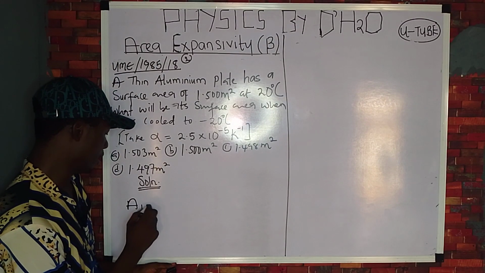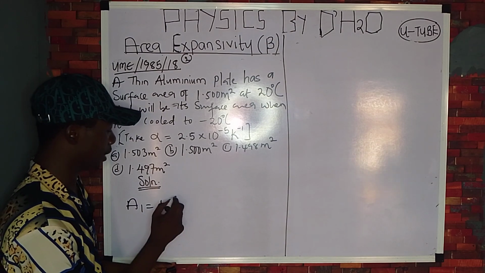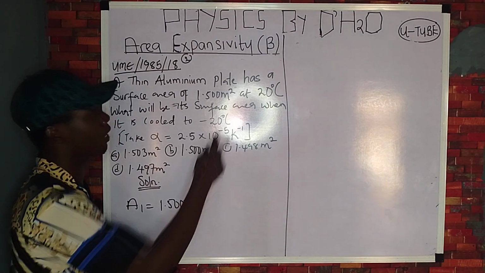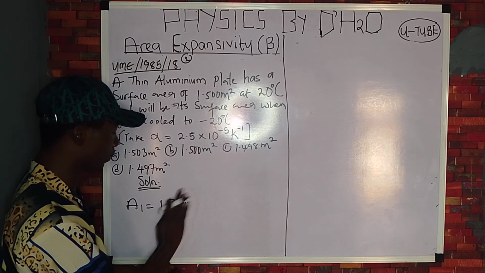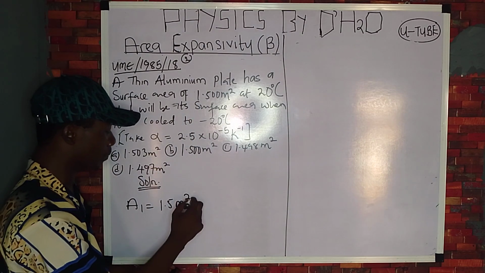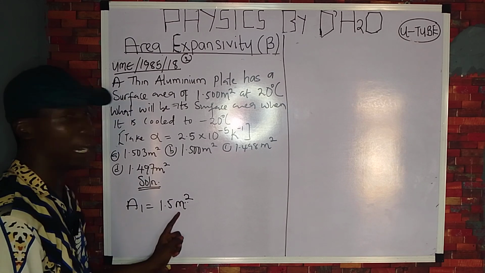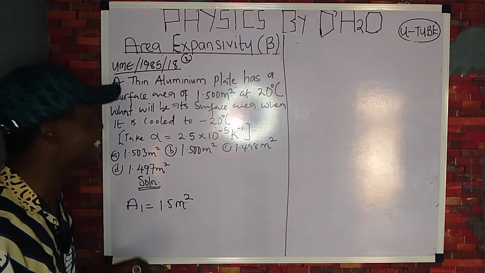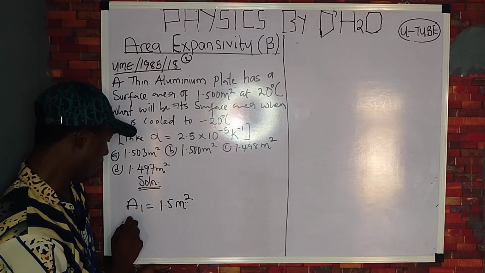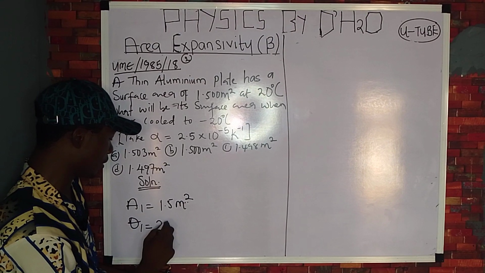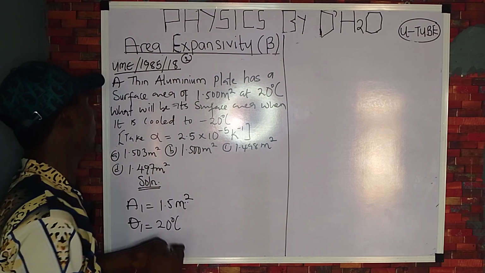A1 equals 1.500 meter square. You can even throw away this zero. Any zero that comes after the decimal is not relevant. So let's do it this way to help ourselves. Okay, 1.5 meter square at 20 degrees Celsius. That's the initial temperature. So our theta 1 is 20 degrees Celsius.